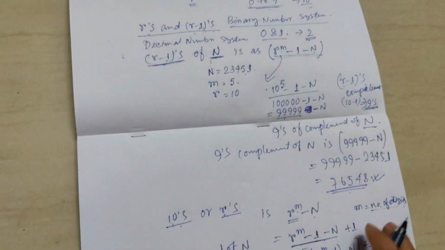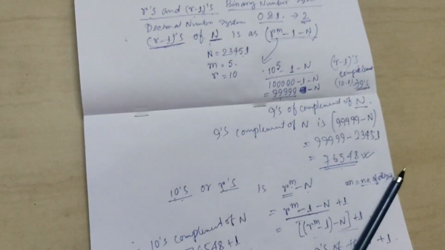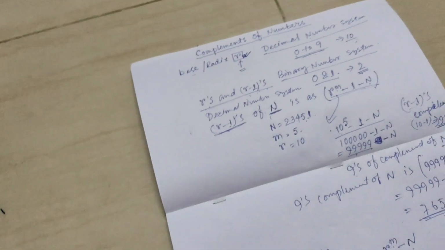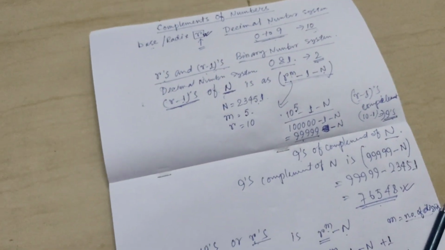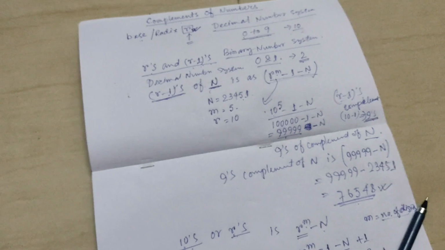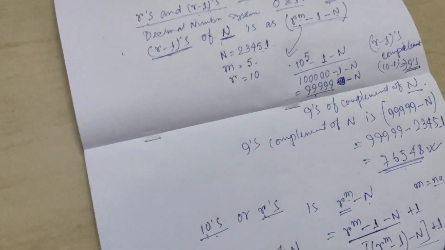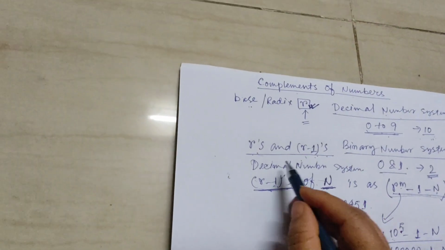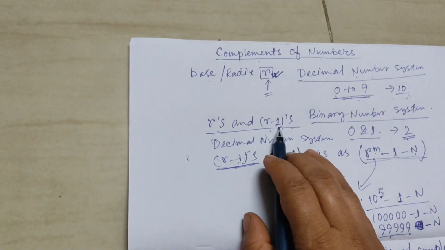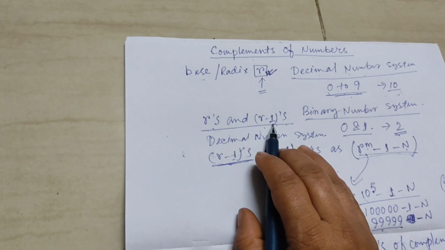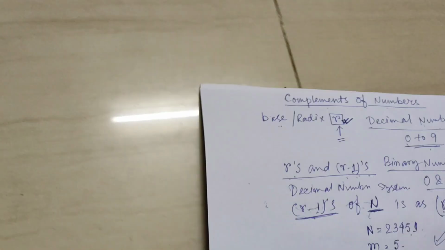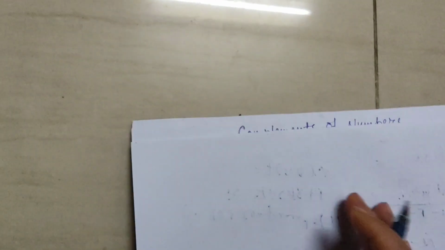So why do we need to find out the complements? The complements are used for simplifying the subtraction operation and for logical manipulation. Here we have already identified for the decimal number system the 10's complement and the 9's complement. As we already know, the complements are of two types, r's complement and r minus 1's complement, and in the same way we can easily identify them for the binary number system also.